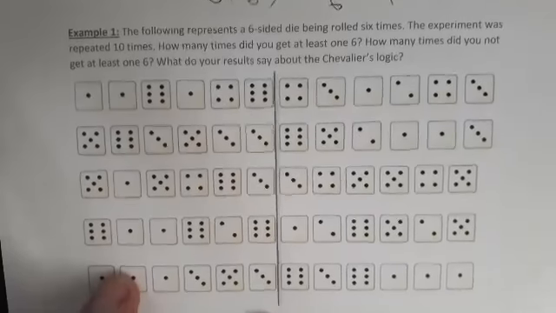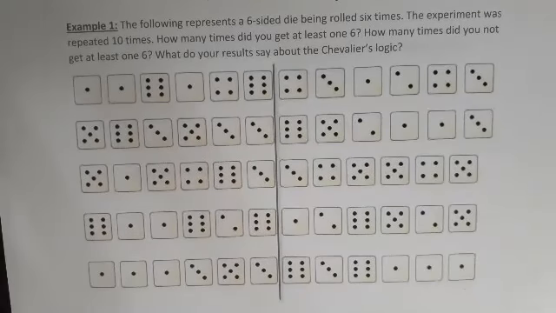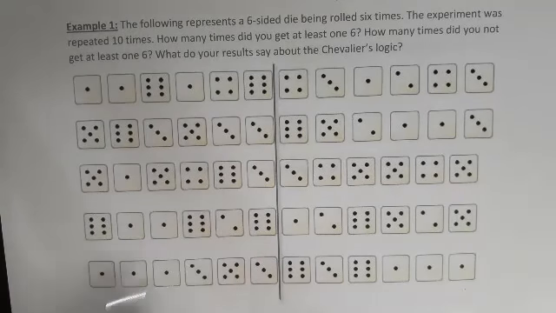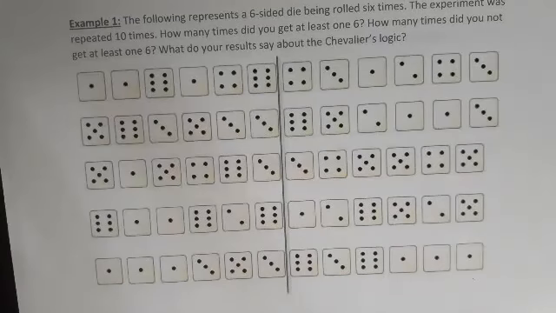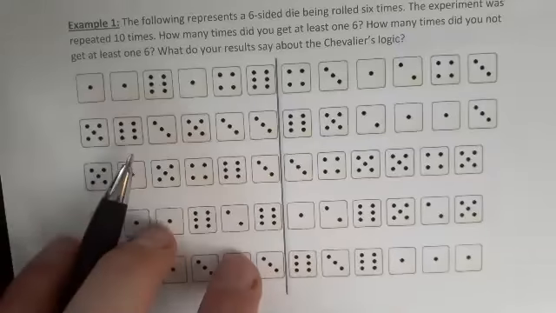Here, I want to look at these. I have a die. I rolled it 6 times, and then repeated that 10 times. So I do 6 rolls, then 6 more rolls, then 6 more rolls, grouping them by each set of 6 rolls. If I look here, this has a 6, this has a 6.